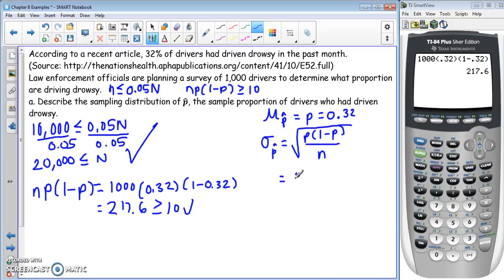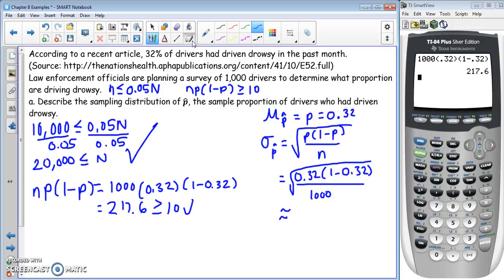So that's going to be 0.32 times 1 minus 0.32, over 1,000, and then take the square root of all that.